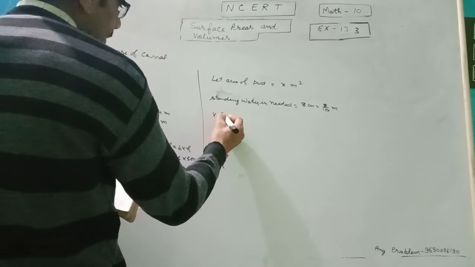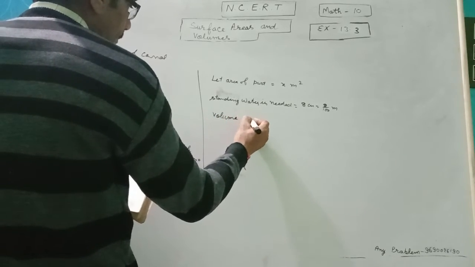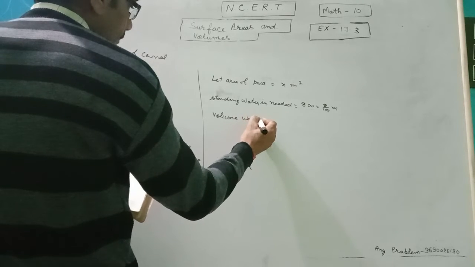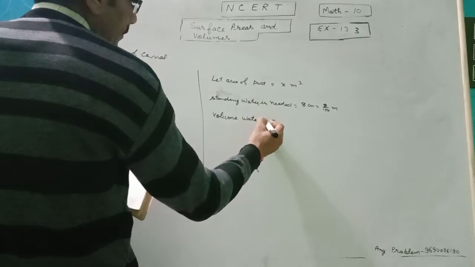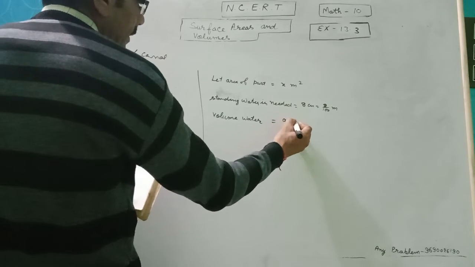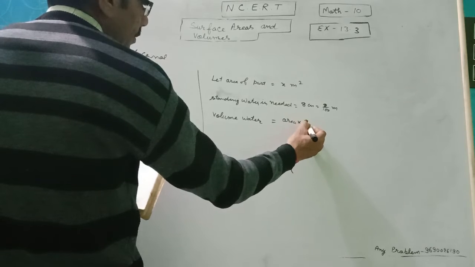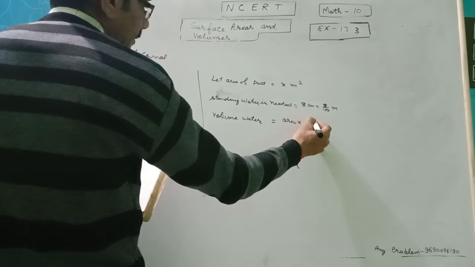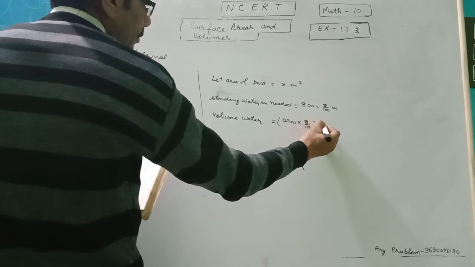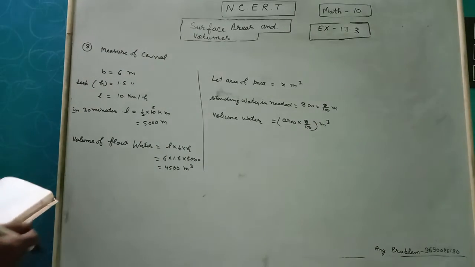Volume of water is equal to area into 8 upon 100 meter cube, which will be the standing water.